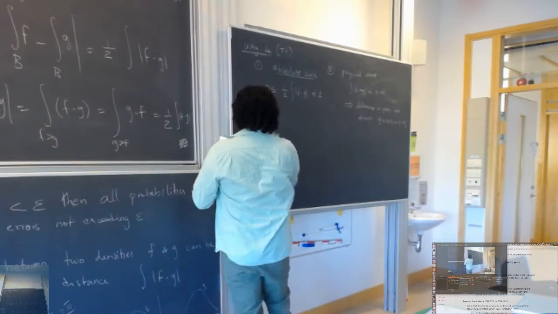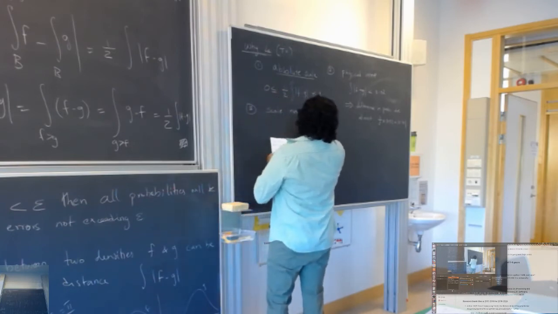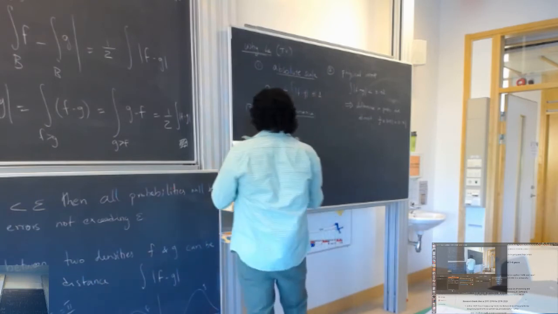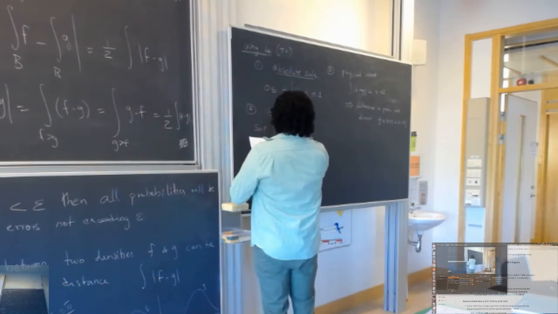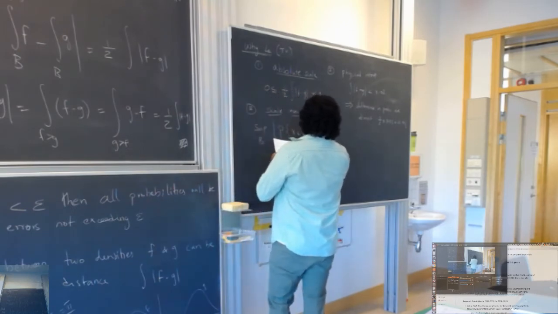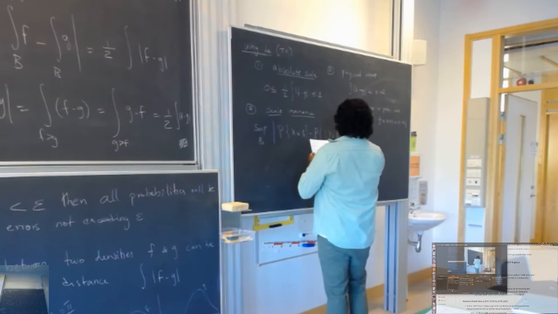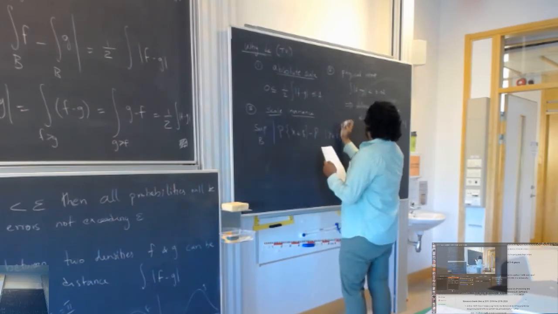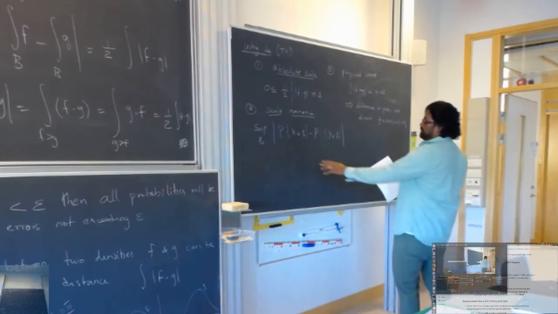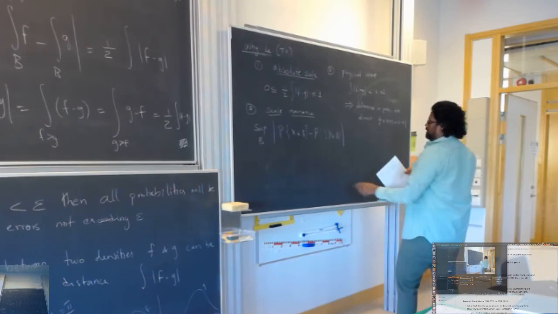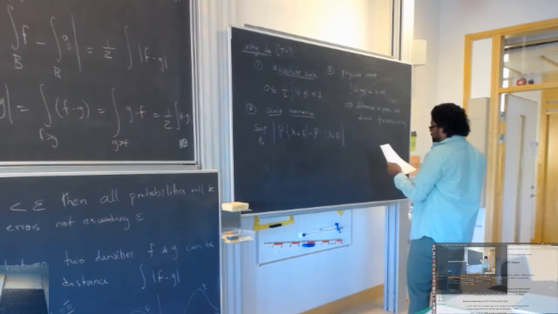The third reason is scale invariance. So I'm looking at the supremal difference in probability between X and Y. These are my random variables with densities f and g.